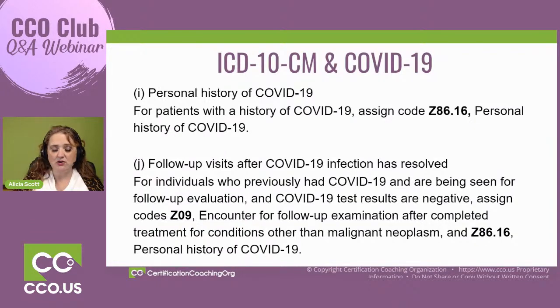The patient had COVID, the provider wants them to come back and check on them, especially maybe because they have other conditions. Maybe they have COPD or diabetes or something that could be problematic. Maybe they just weren't recovering well and they want to know that they're doing okay. So they're having them come back. That's a Z09. And then why? Because of Z86.16. So be very aware of that.